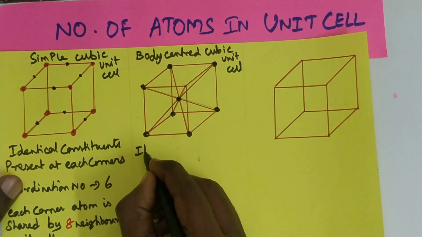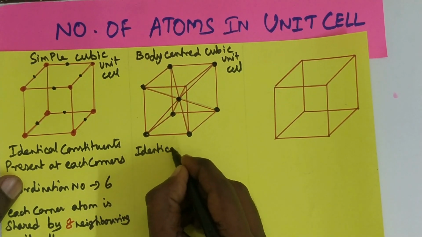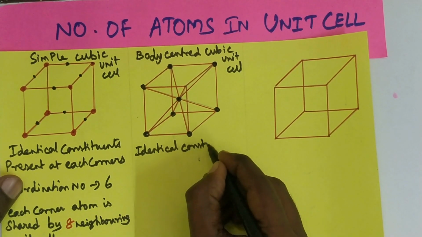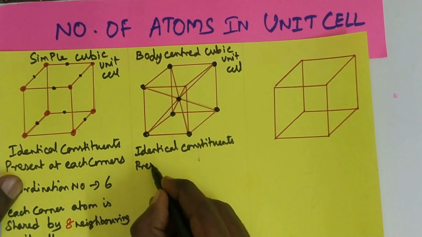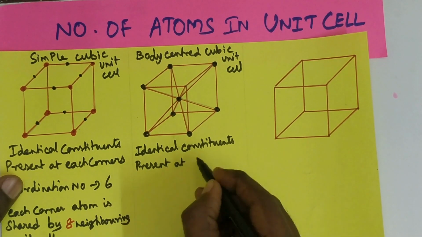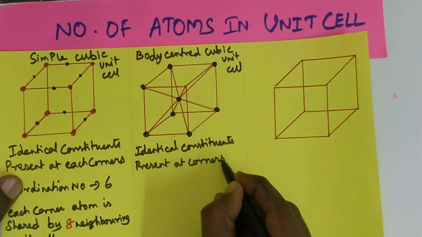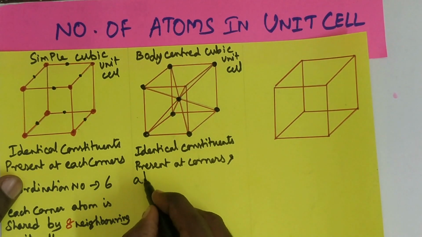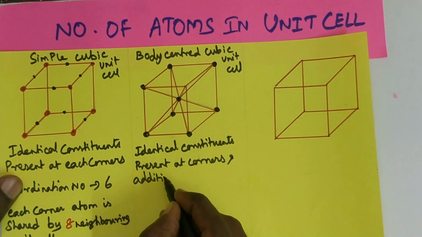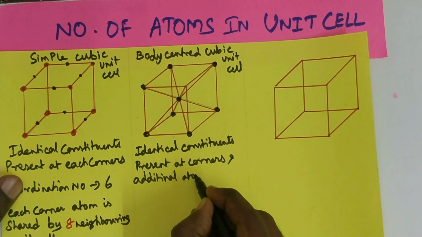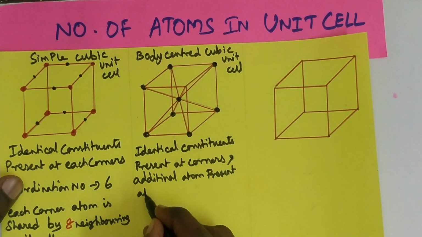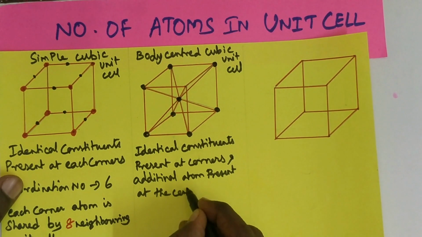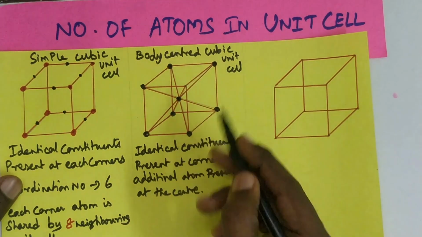That means identical constituents present at the corners and an additional atom present at the center is called body centered cubic.